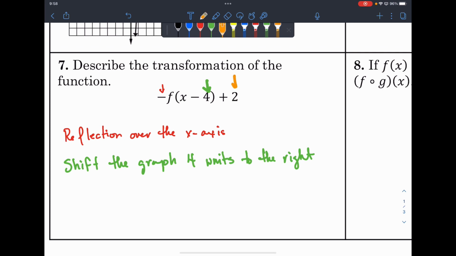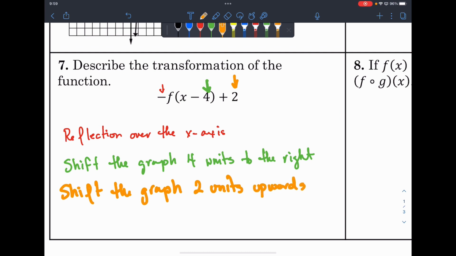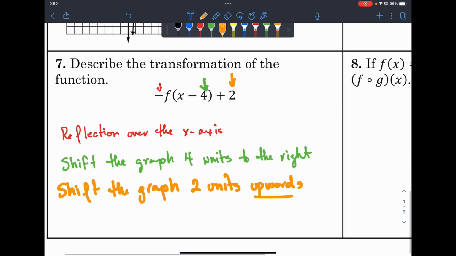And then the 2, that's going to shift the graph for 2 units, not 4, the number's 2, 2 units upwards. So 2 upwards, 4 units to the right, and a reflection over the x-axis.